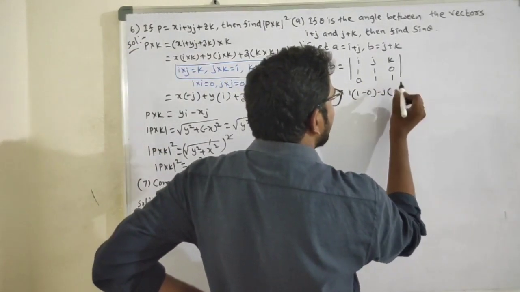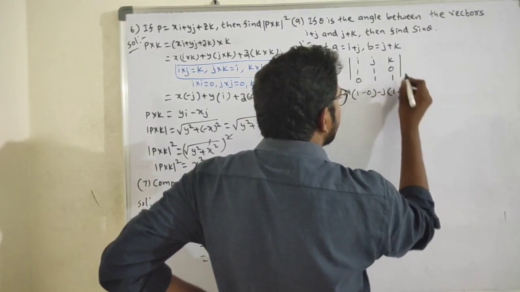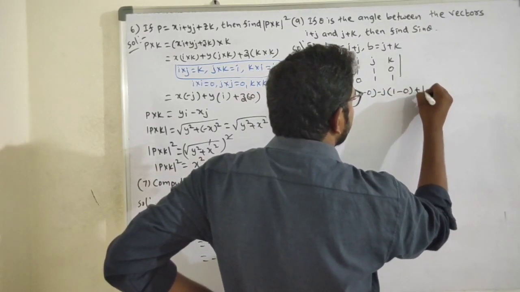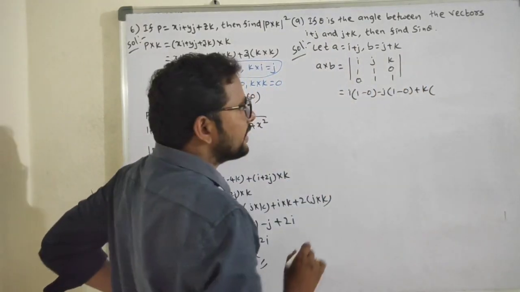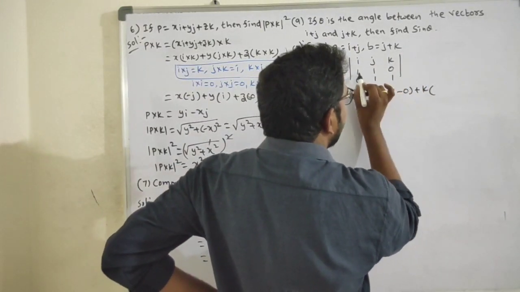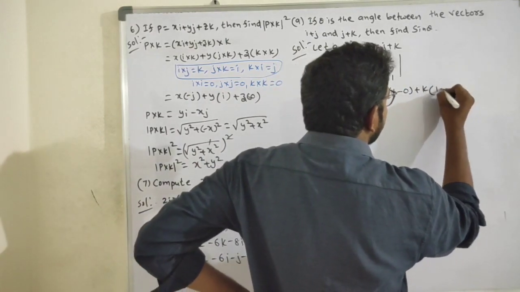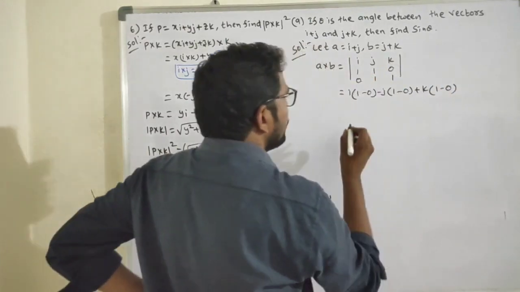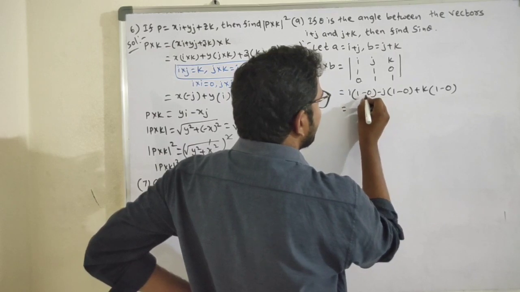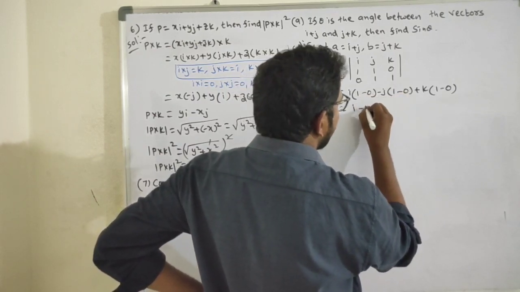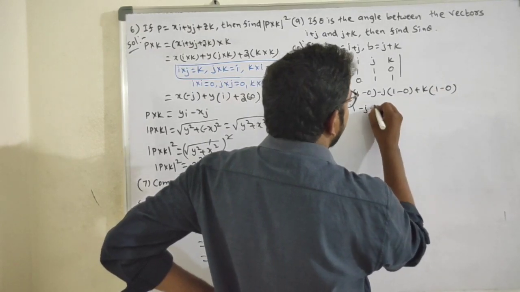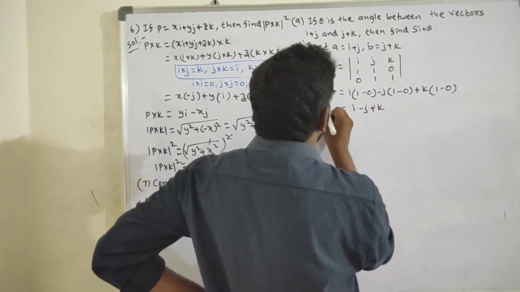So 1 into 1 is 1 minus 0 into 0 is 0. Plus k, which lies in first row, third column. Delete and remaining 1 1 0 1. AD 1 1 is 1 minus 0 into 1 is 0. So I 1 minus 0 is 1, minus J 1 minus 0 is 1, plus K. This is a cross B.